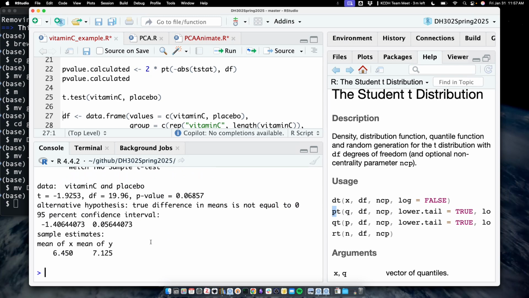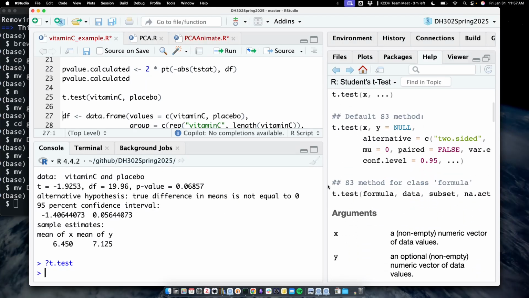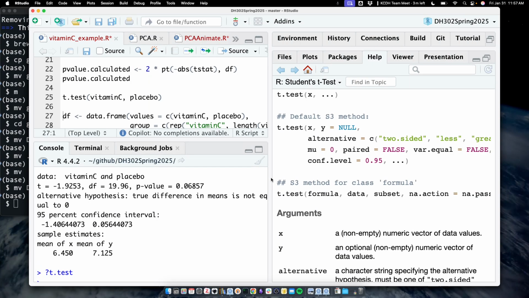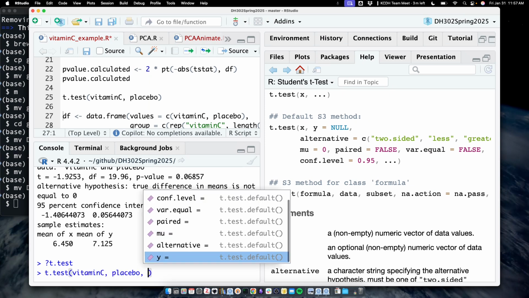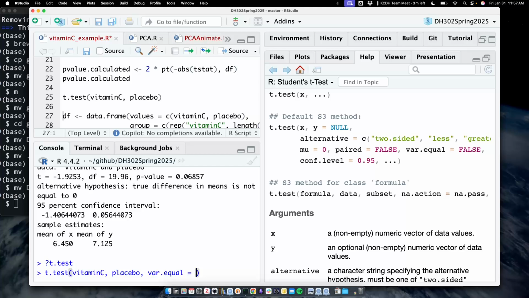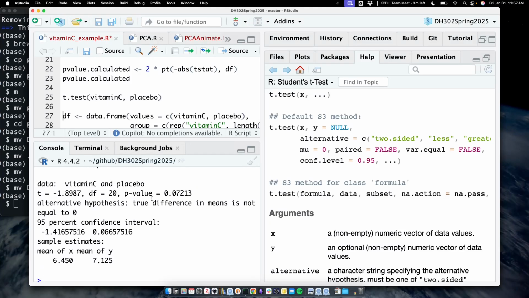If you want to switch this off, there is a variation where I can say that, by default, it assumes that the variances of those two populations are not equal. If I switch this off now, the p-value and the degrees of freedom again change because you are now applying a slightly different version of the test. Okay, is that clear what is happening?